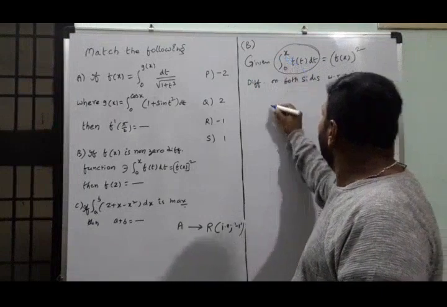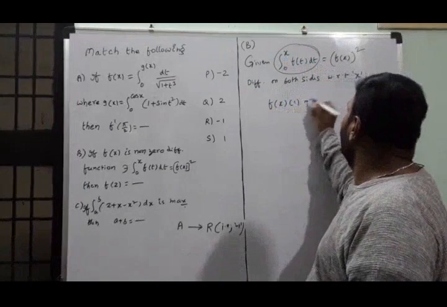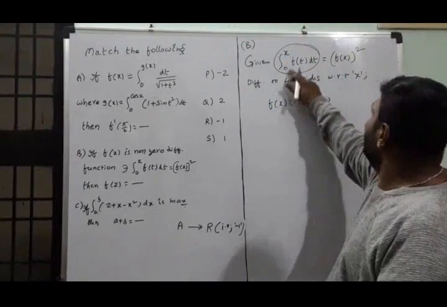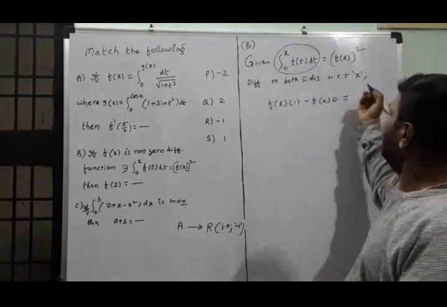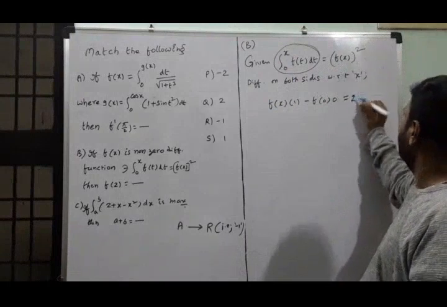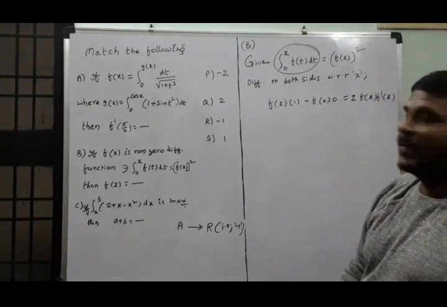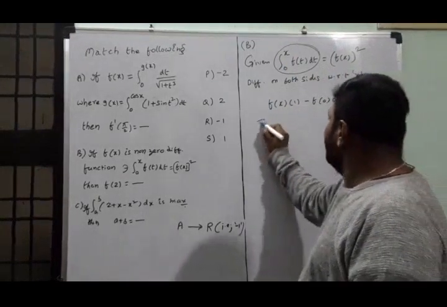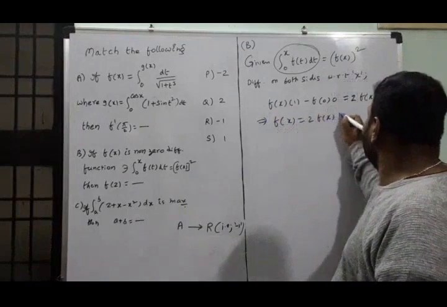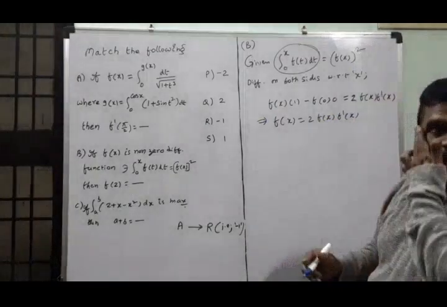Substitute the upper limit f(x) into the derivative of x, which is 1, minus substitute the lower limit f(0) into the derivative of 0, is equal to the derivative of the right hand side, (f(x)) whole square, which is 2 into f(x) into f'(x). So this implies f(x) is equal to 2 into f(x) into f'(x).